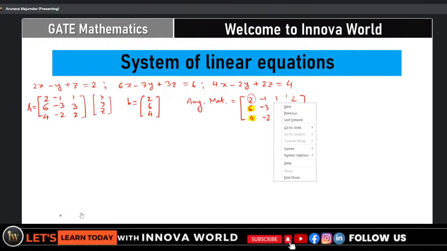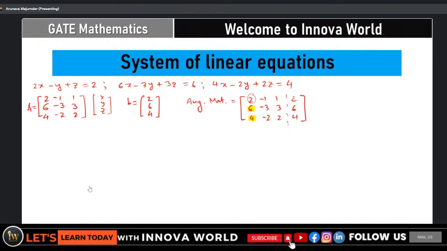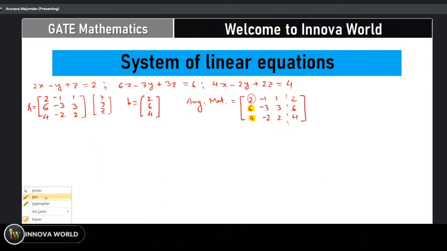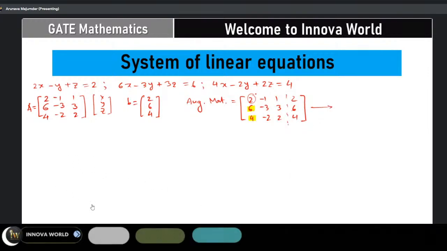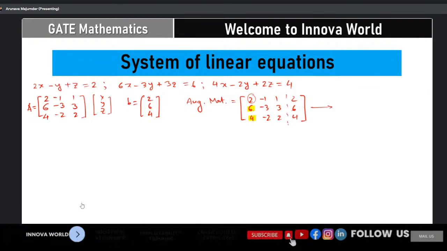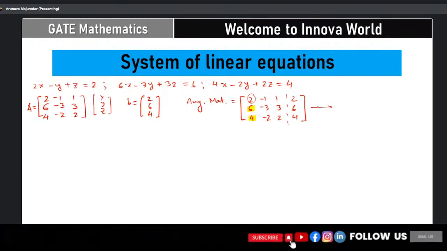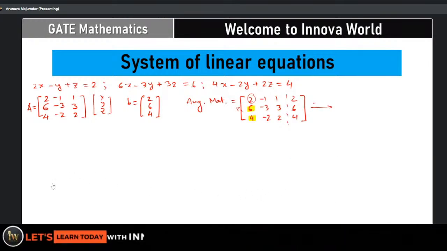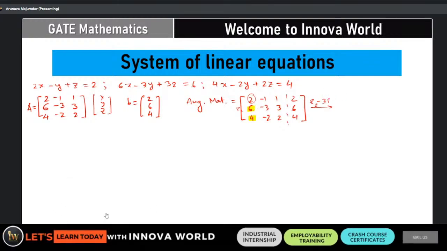Without making the first row first element as 1, we can directly use the operation r2, that is row 2, minus 3 into r1.